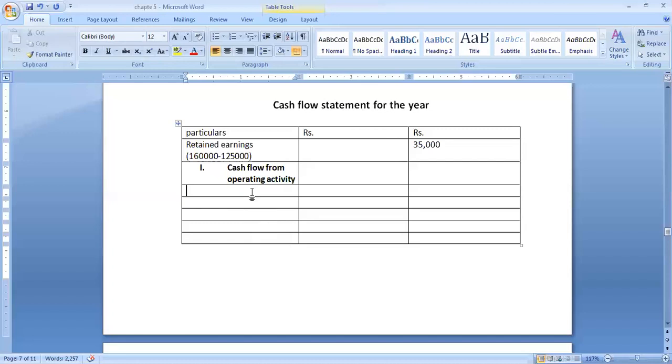So add, if at all you have any non-cash incomes, non-cash expenses. Okay. So incomes will be reduced. Don't get confused here. So in order to make the differences, in the case of adjusted profit and loss account, whatever the debit balances will be taken here as a non-cash expenses. Fine. And take all the informations into consideration.